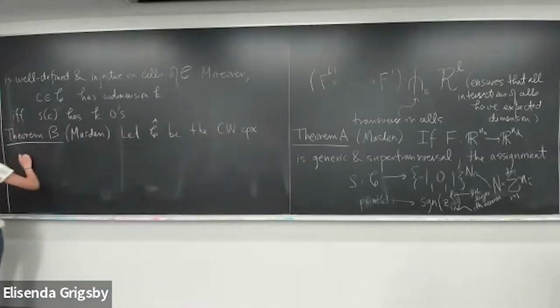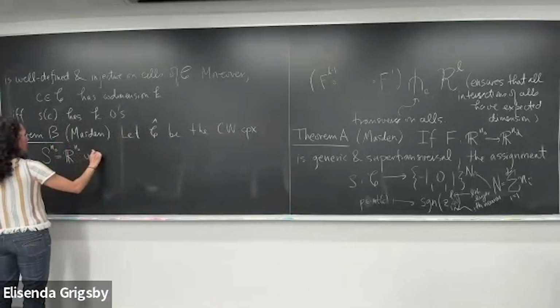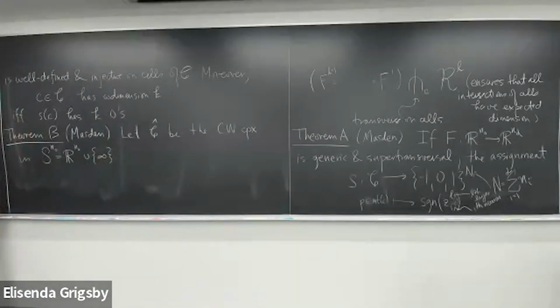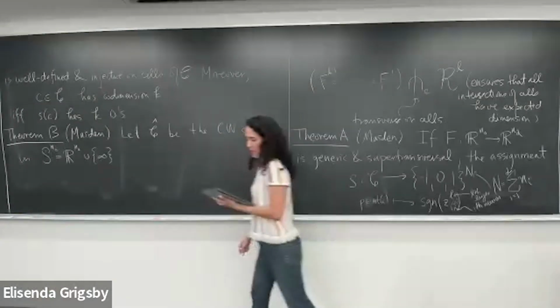Now this is going to be in a one-point compactification of your input space. So just formally put a point at infinity, and it's formally a face of every unbounded cell of your canonical polyhedral complex.